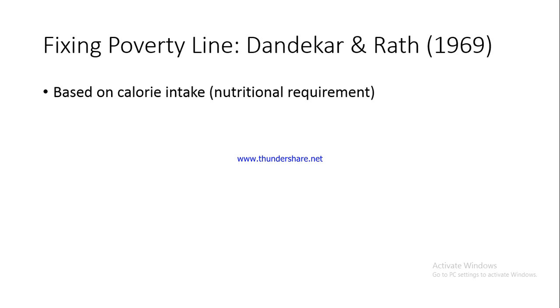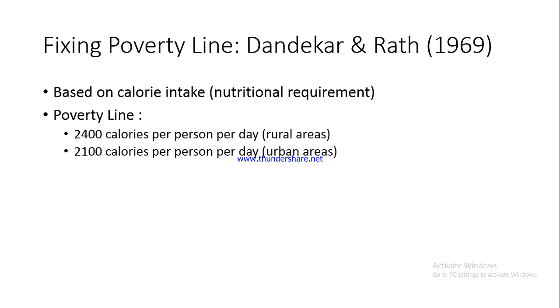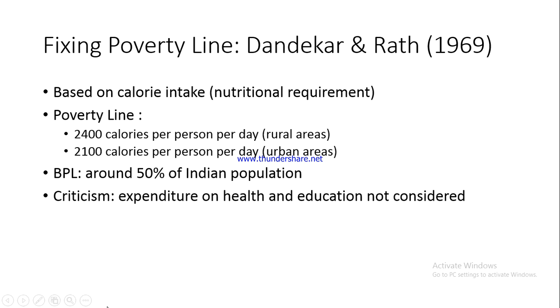And one criticism it also shared with the Planning Commission methodology was that it did not take into account the aspect on health and education. So it did not take into account the expenditure on health and education while calculating the poverty line.